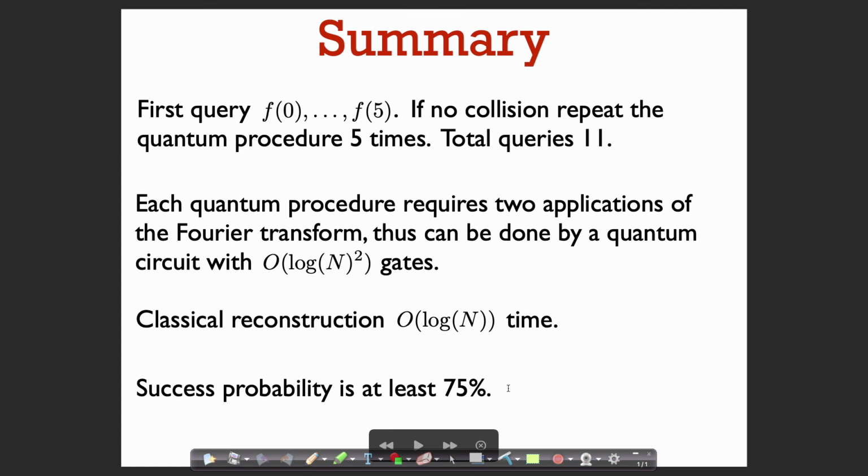Okay, so that's everything. So with about 11 queries and a quantum circuit of size order log n squared, with these oracle gates as well, and classical reconstruction time order log n, we can find the period of a simple periodic function.